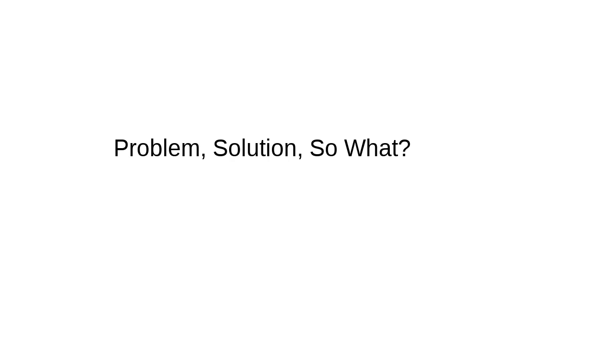So the so what factor is, this is a huge social problem that we need to fix. And if we did go about fixing it, we could actually save people's lives. There isn't a better so what factor than saving people's lives, right? That is about as so what as it gets. So those 3 things, she was able to craft a thesis statement using problem, solution, so what.